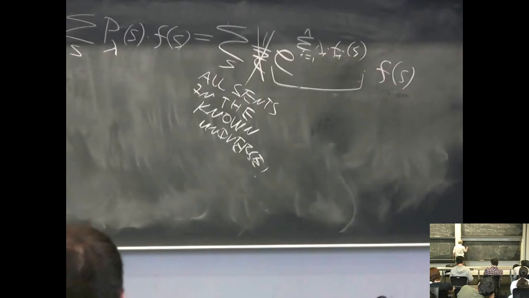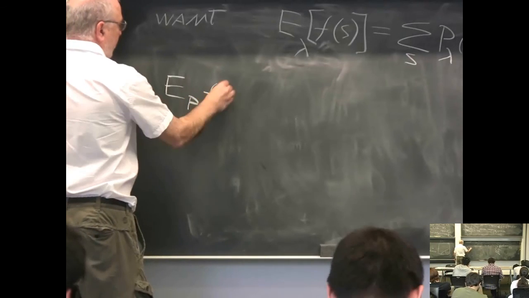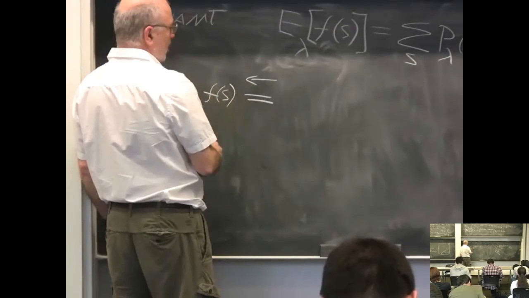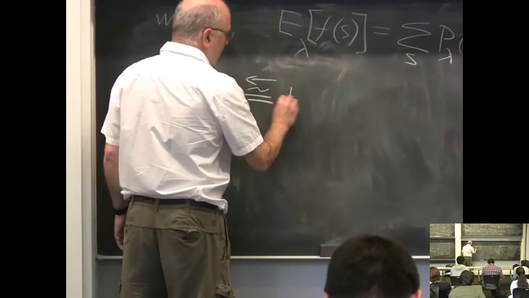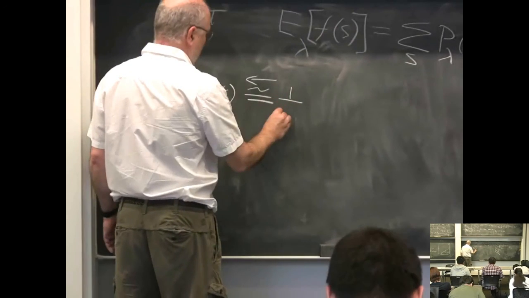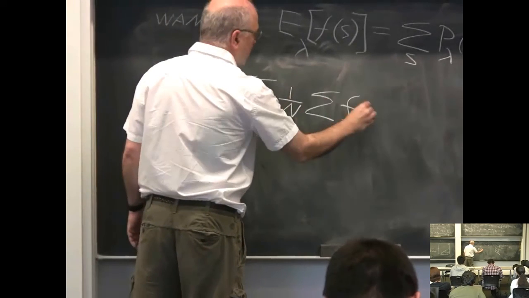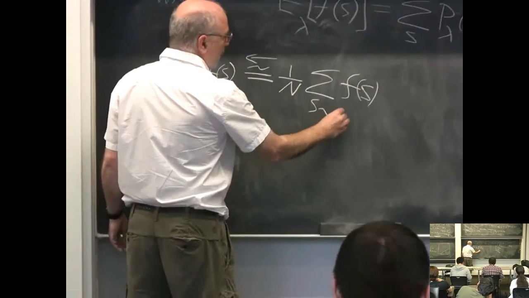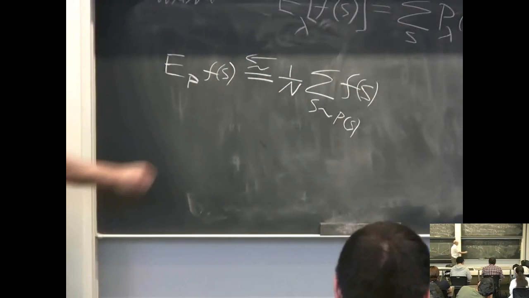The expectation according to some distribution P of some feature f is approximated by the sample average of the value of the feature, where S is drawn from P. Ponder this for a little bit.